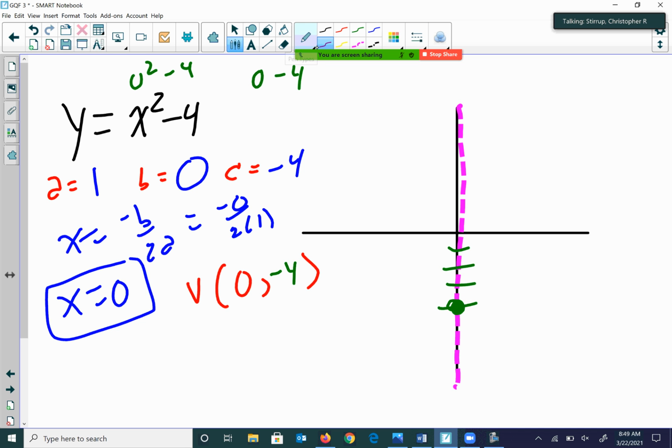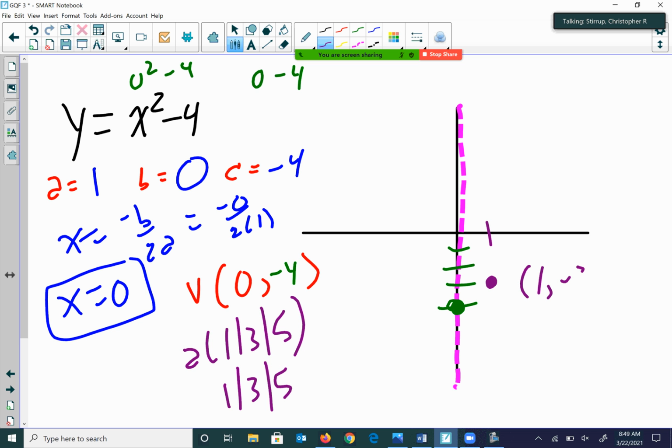My pattern graph is a times 1, 3, 5. My a value is 1, so 1 times 1, 3, 5. So I'm going to go right 1, up 1. So that takes me to the point 1 comma negative 3. Oh, I forgot to put my vertex down here. 0, negative 4. Left 1, up 1.